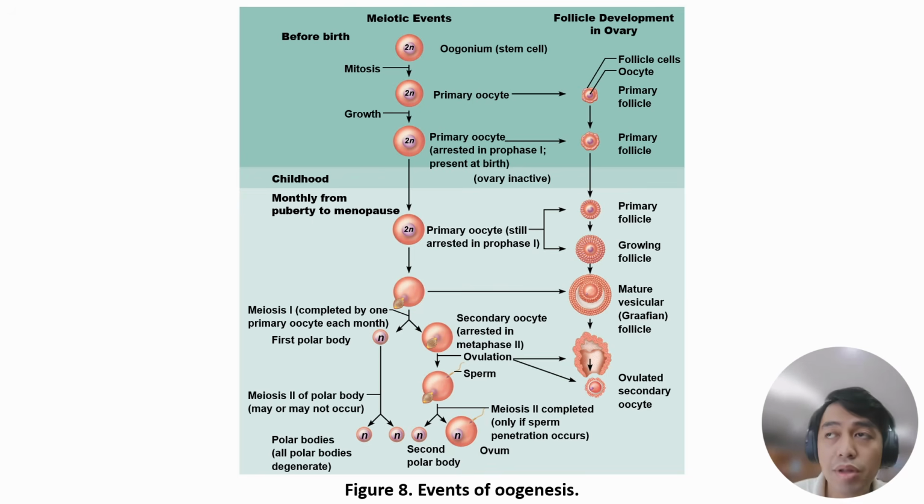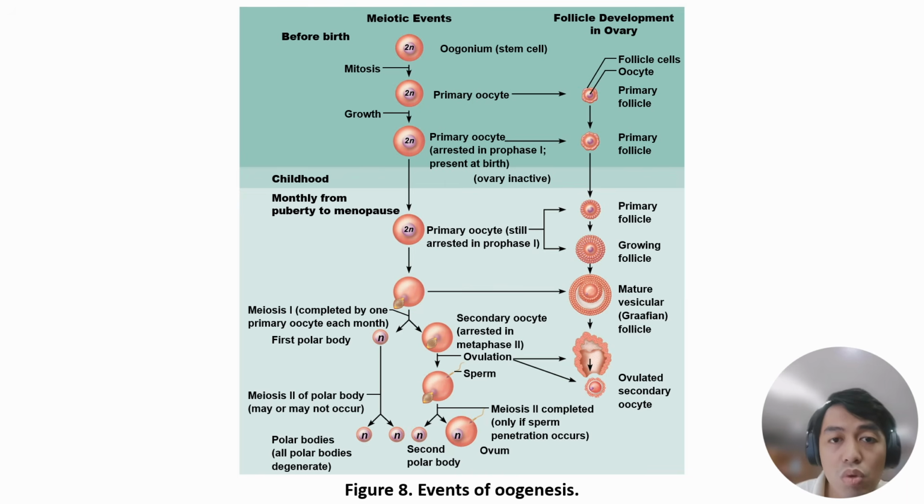And come puberty, in each menstrual cycle, which will last for around 28 days, only one oocyte will develop and mature and proceed with the meiosis until it is ovulated and meets with the sperm.